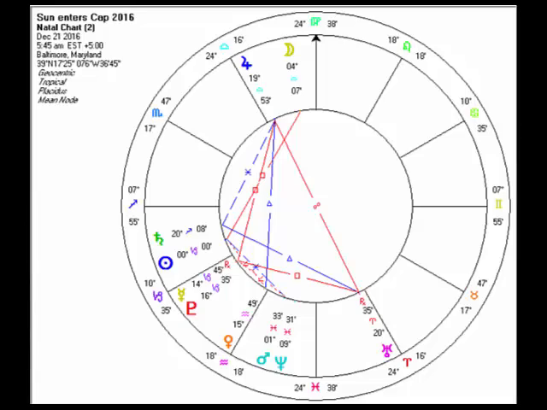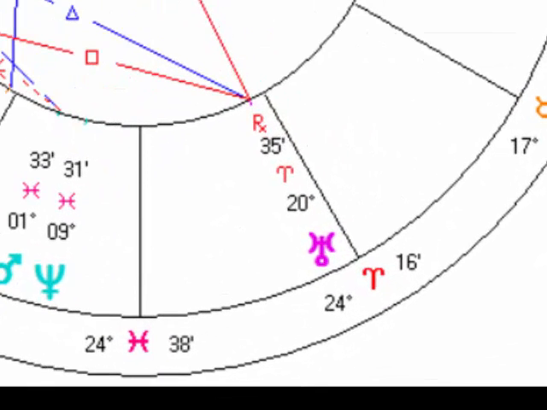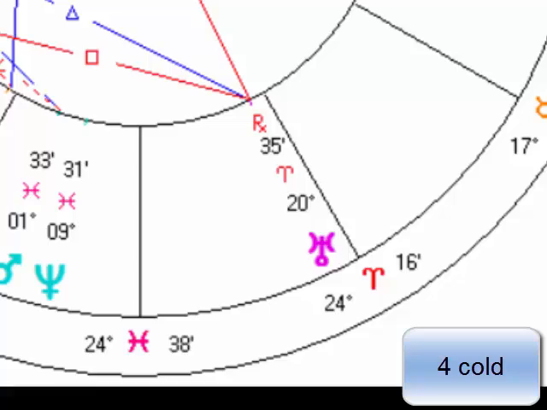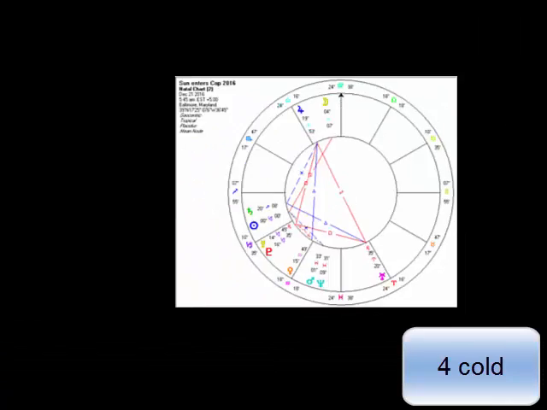Here is our temperature chart. Let's have a closer look at the 4th house. Uranus gives us 4 cold points, but they get canceled by Aries giving us 4 hot points. But we have Pisces on the 4th house cusp, and there we get 4 cold points. So we're ending up with 4 cold points.